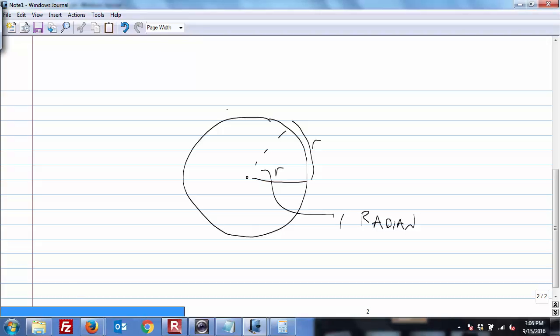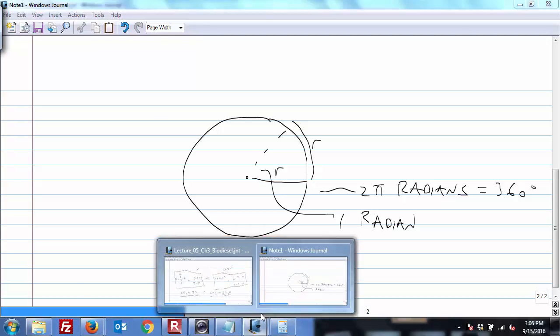And if I keep wrapping, eventually I'll come all the way around and I'll come up to 2 pi radians. As it turns out, that equals 360 degrees. So you probably remember that from trig class.